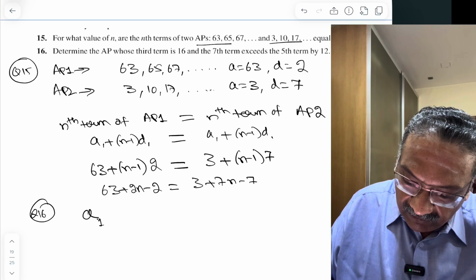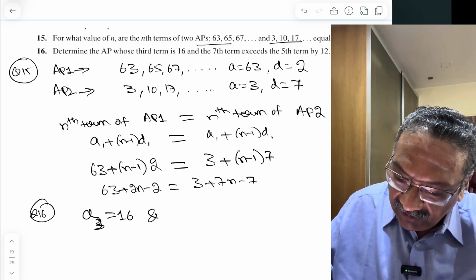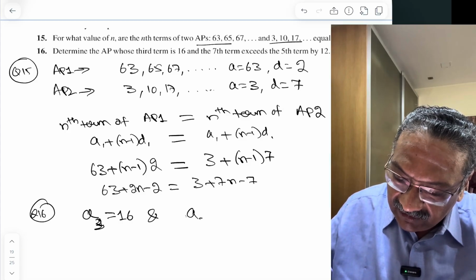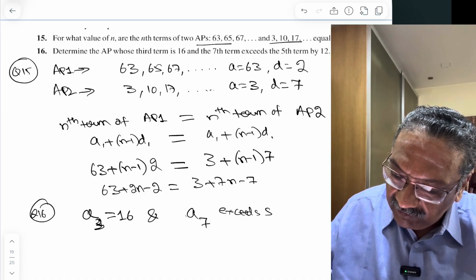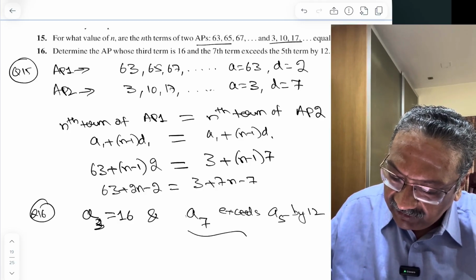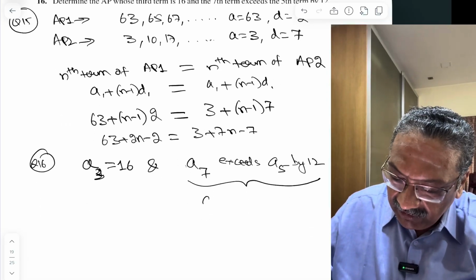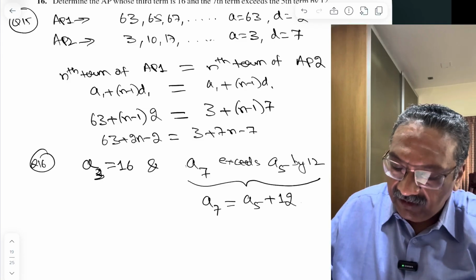Third term, so A3 is equal to 16, and the seventh term, we write it as A7, exceeds the fifth term A5 by 12. What is the mathematical meaning of this? A7 exceeds A5 by 12 means A7 is 12 more than A5.